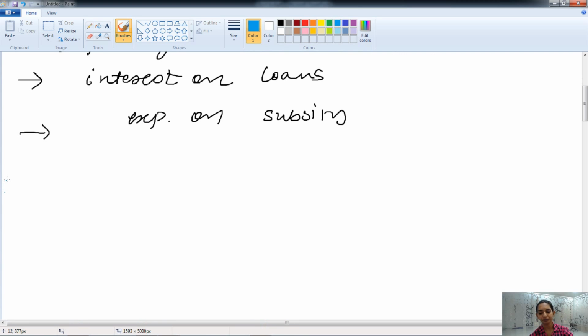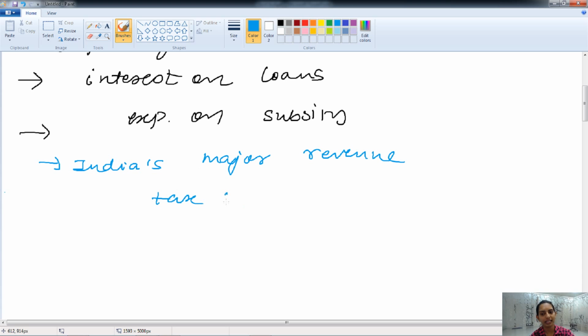Over here, India's major revenue is from the taxable income, while the non-tax income is very less. It plays a very important role in the central government's income.